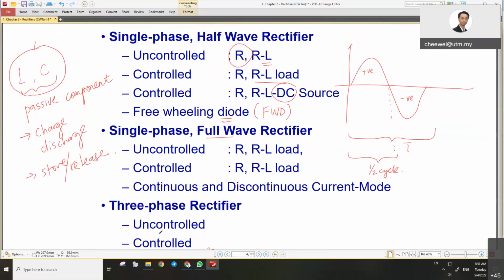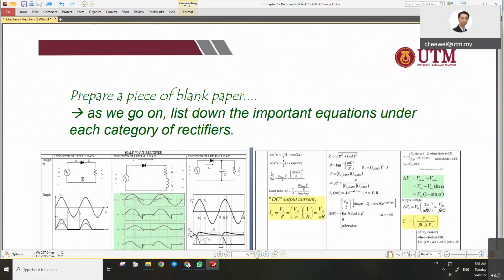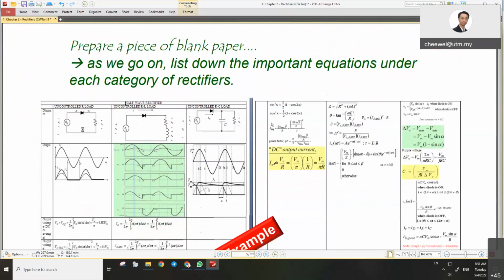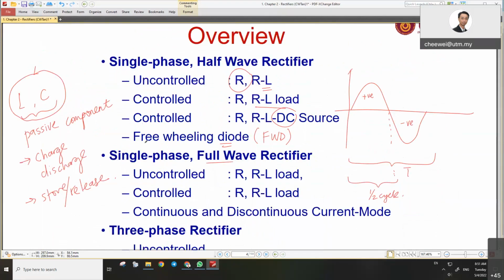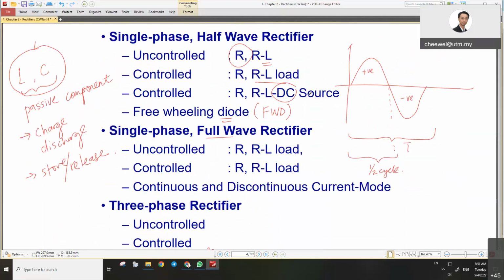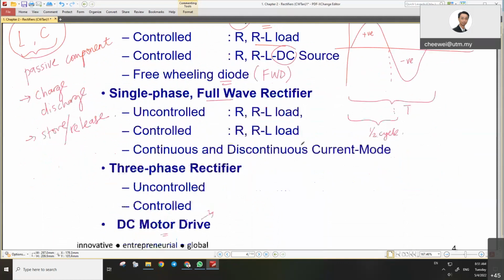Okay, so basically it's a very long chapter. If you look at the pages, it's 104 here. That's why I want you guys to prepare a piece of blank paper. So as we go on, you can split them into different categories for different families, like half wave rectifier. We have 1, 2, 3, actually 4, because we have an additional DC source here.